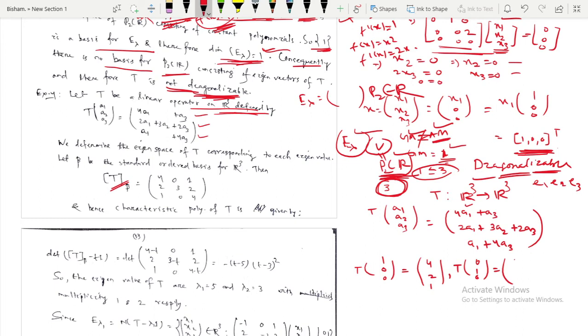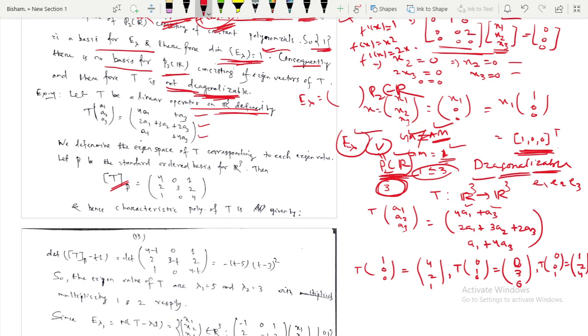This will be (0, 3, 0). And for T of (0, 0, 1) you write 1 in place of A3, and A1, A2 are zeros. So this will be (1, 2, 4).